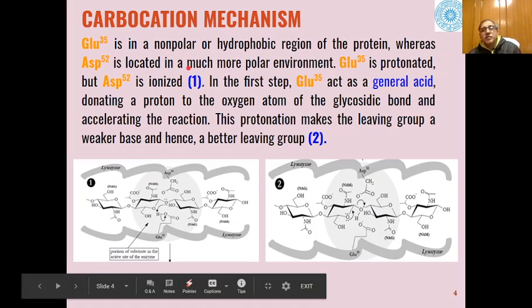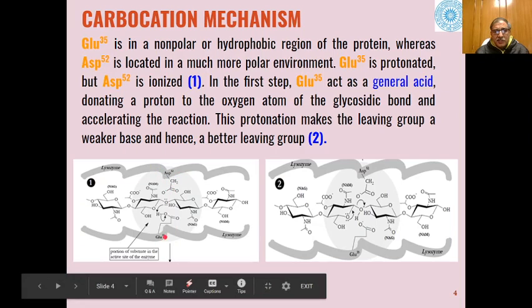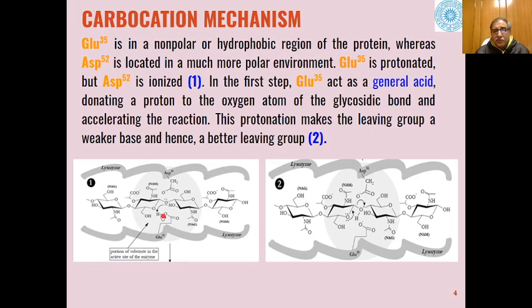The mechanism can be a carbocation mechanism, where there are two active sites: glutamic acid 35 and aspartic acid 52. Glutamic acid 35 is present in the form of acid, and aspartic acid 52 is present in the form of carboxylate ion.